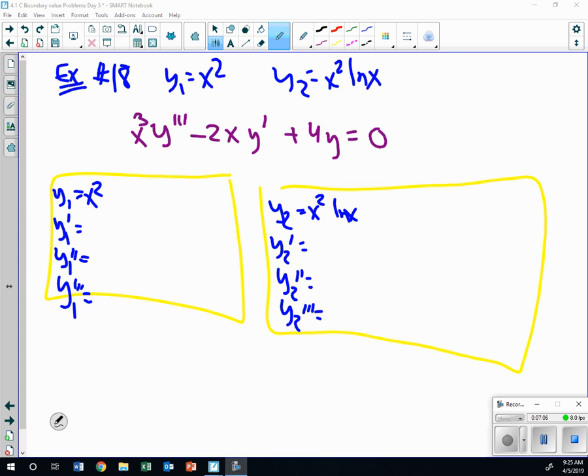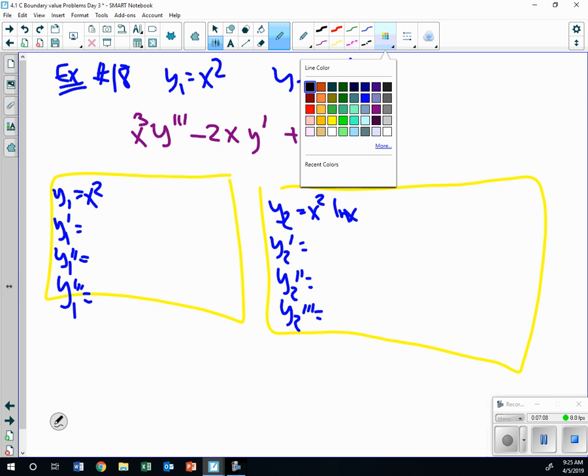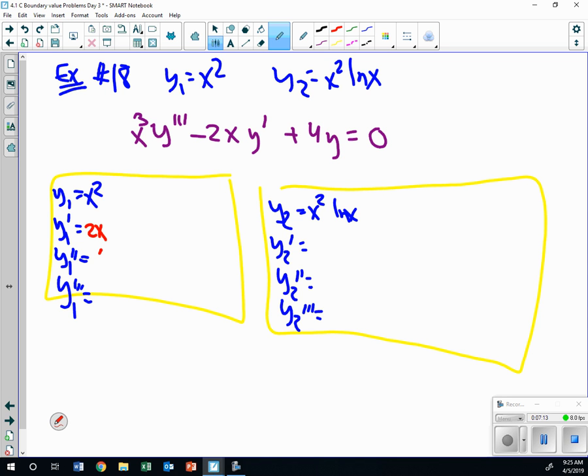And as we're working through these, we'll find that this is just 2x, this is 2, and then this will be 0. This is going to be x squared times 1 over x plus 2x times ln of x, or just x plus 2x ln x.